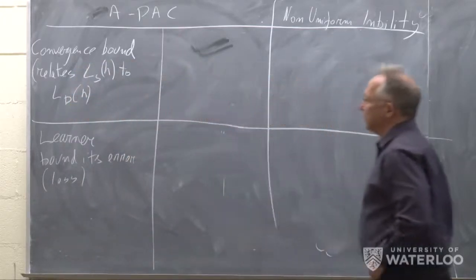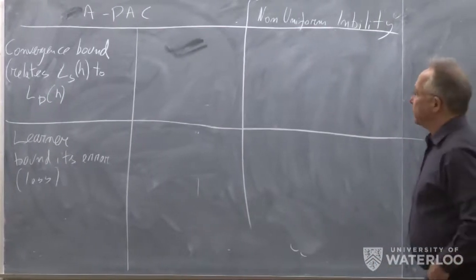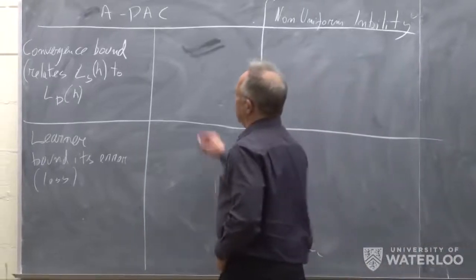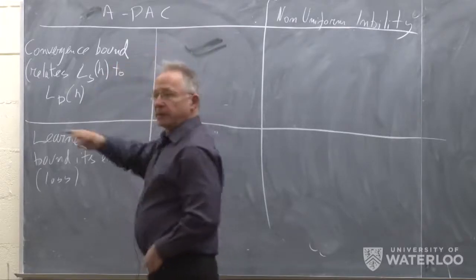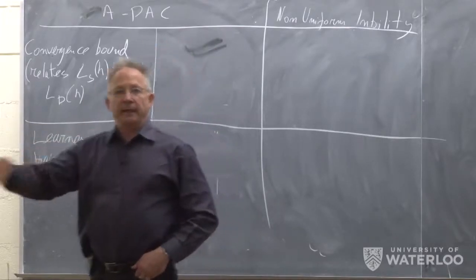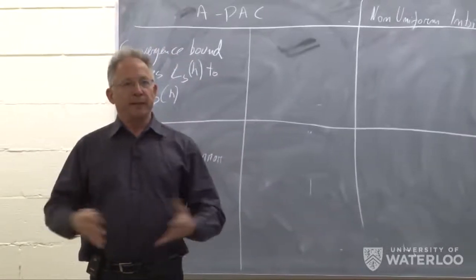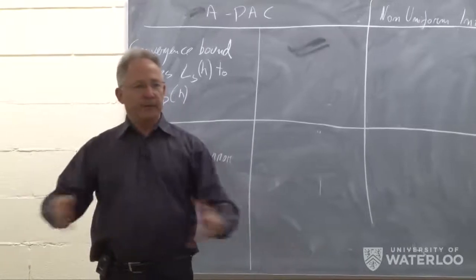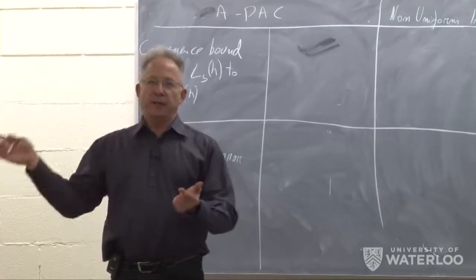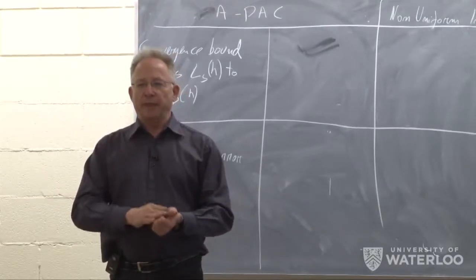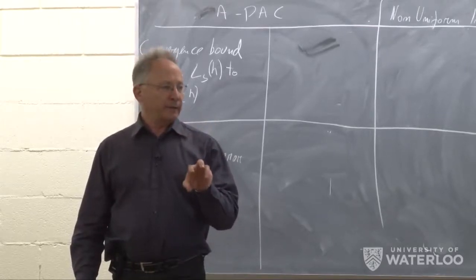In the case of PAC, the convergence result says: for every epsilon, for every delta, for every h in H, for every probability distribution P. I'm not going to repeat all this because I want to focus on where things differ.